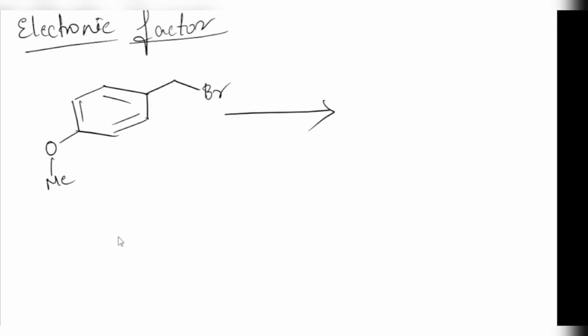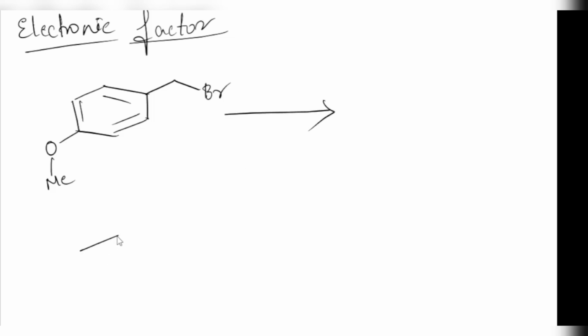And if I look into the electronic factor, suppose a benzene ring is there, here I will consider a benzene ring like this. Suppose this one is attached to a methoxy group, and here we have this carbon we are talking about. Suppose it is attached to bromine, then what reaction will happen?